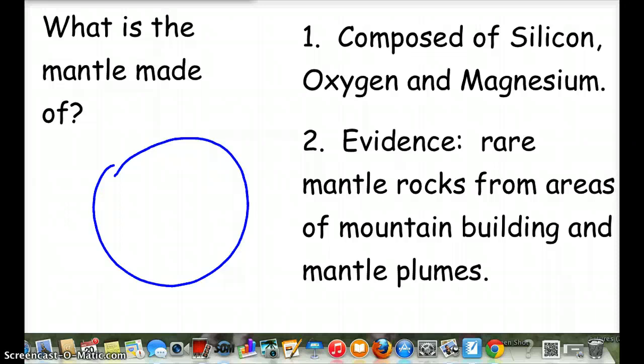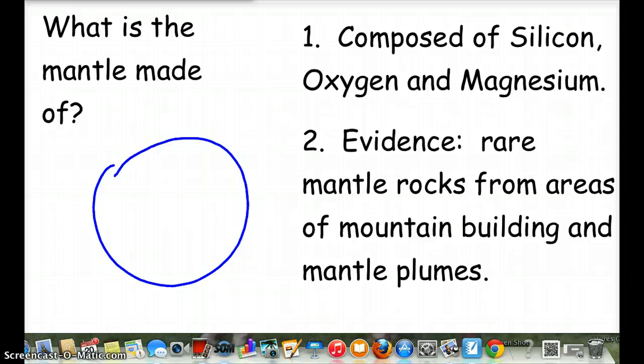So some places on Earth, when mountains have been built, they have been compressed and made folds, and then a lot of times you have fractures and faults, and some of those rocks are then brought to the surface and exposed. And this gives us the chance to look at rocks that are deeply buried and perhaps are from the mantle.